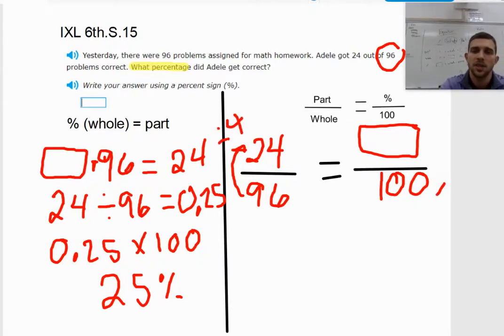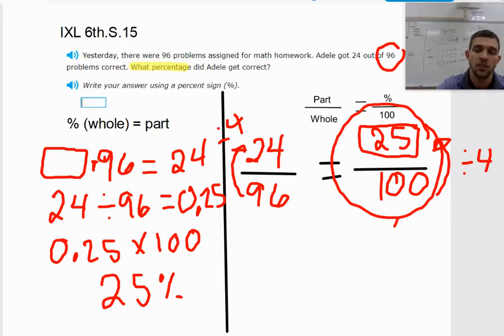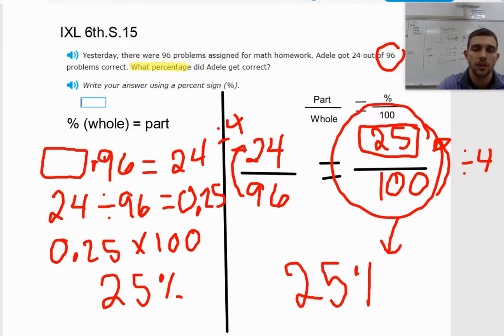So I'm going to go up here, since my arrows are going the same way, I'm going to divide by 4, and 100 divided by 4 is going to be 25. And so that's my final answer, which now needs to be turned into a percentage, and this fraction turns into 25% when you translate it into percent language.